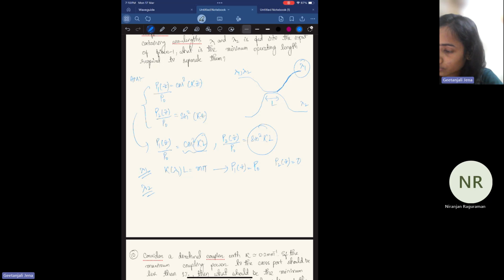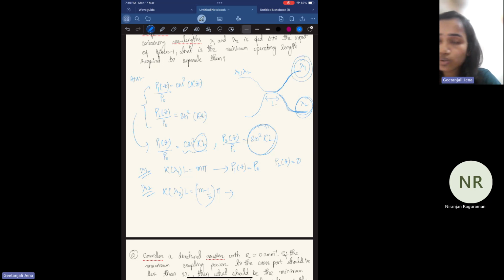Similarly for lambda 2. For this branch, what is the formula for power? It is in terms of sine square kappa L. So that means if I take kappa lambda 2 L as (m minus half) pi, that is an odd multiple of pi by 2, this will give 1 because this is sine square pi by 2.